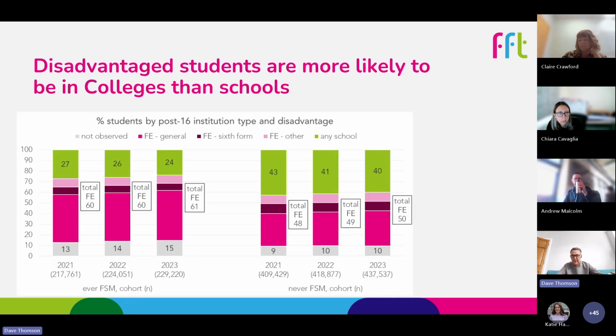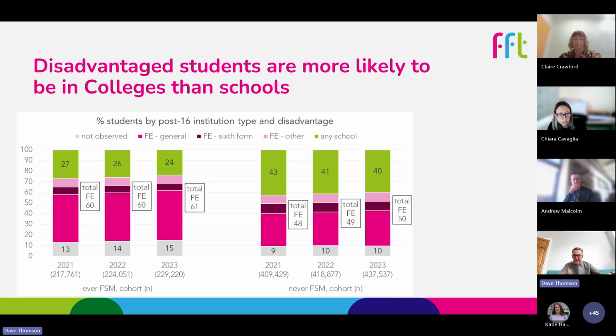A quick look at why ILR is so important, particularly for disadvantaged students. If we look at the population of young people at Key Stage 4 across 3 cohorts, 21, 22 and 23, and divide them into 2 groups, those who were ever FSM during their school career on the left, and those who were never FSM during their school career on the right, you can see that those who were previously FSM at some point are far more likely to enter the FE sector post 16 and less likely to stay in the school system.